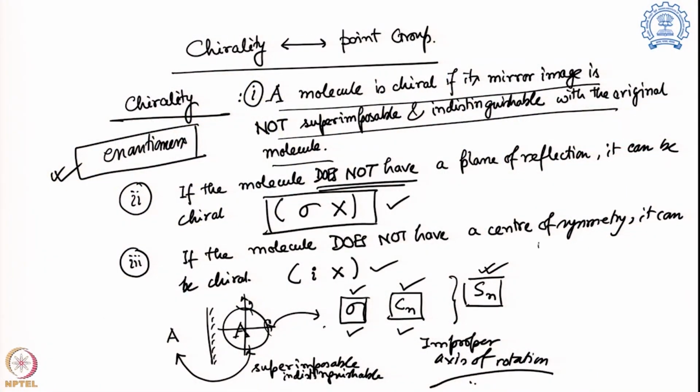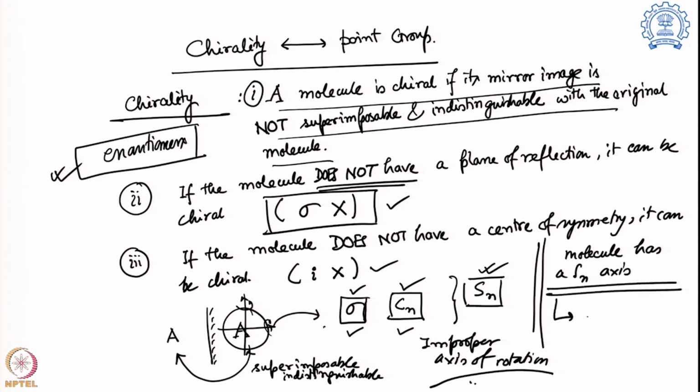So, that means if a molecule has a Sn axis, then this molecule cannot be chiral. So, in other terms I am saying that if a molecule has a Sn axis, it cannot be chiral.